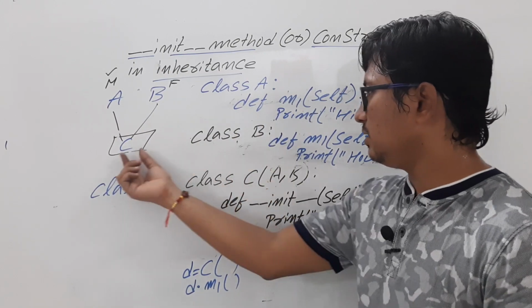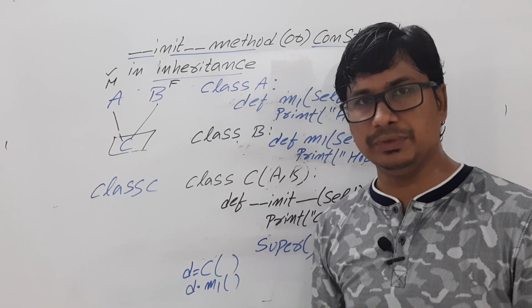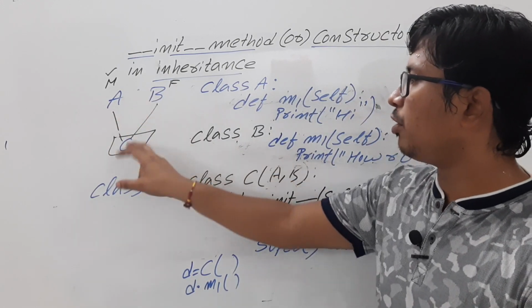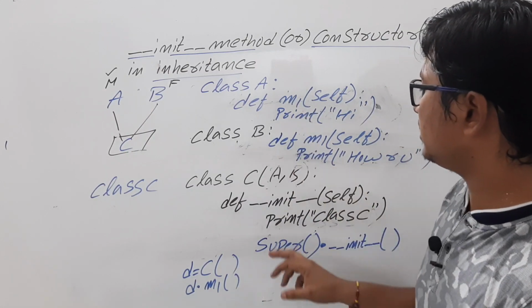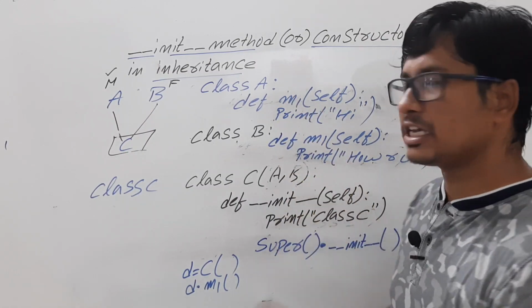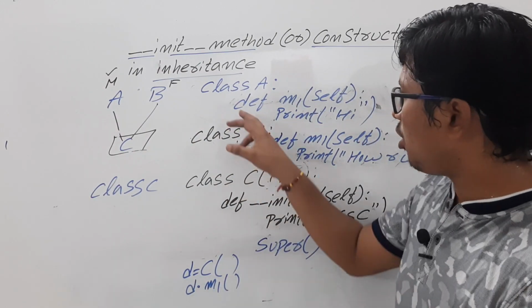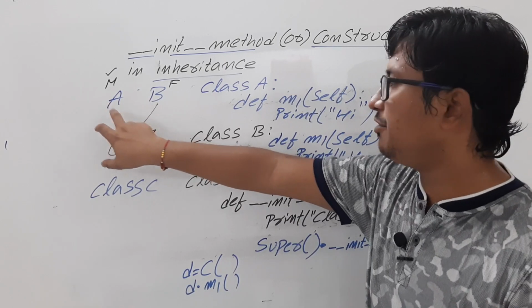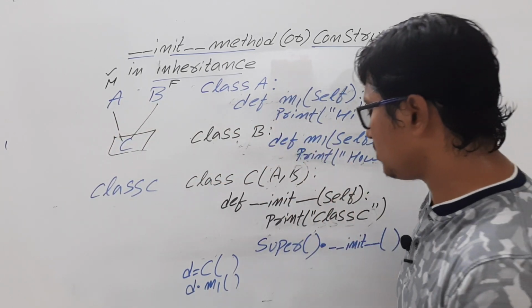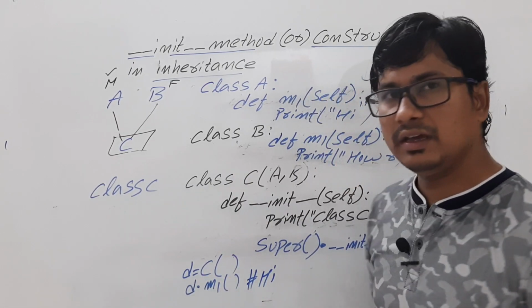Because C is the child of both parent classes A and B, it will get the properties of both class A and class B. Then m1 is there in class A and class B also. Which m1, which method, will be called? Obviously, it will go for the left parent. Left parent is A. So this one will be called. So you will get the output as hi.